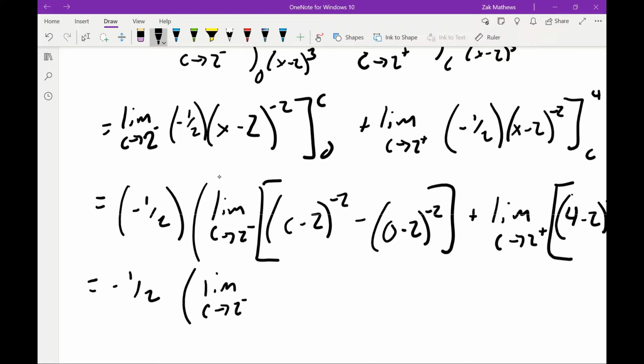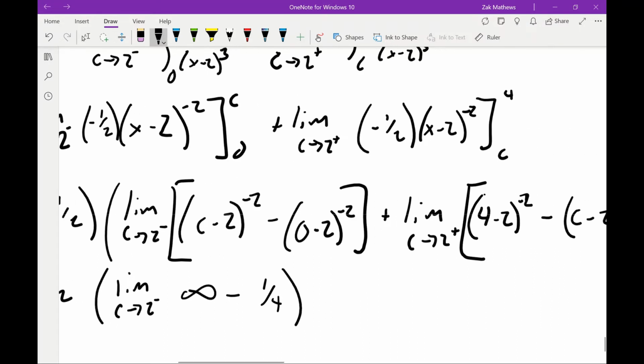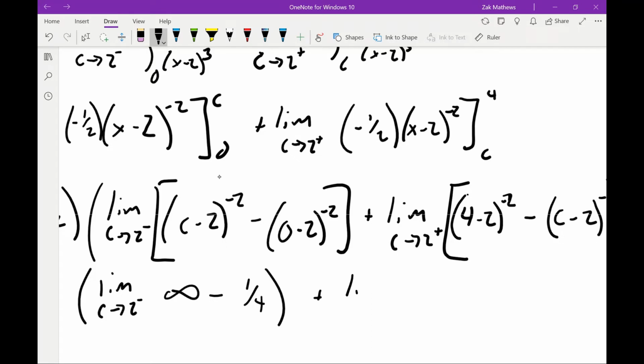That thing is going to positive infinity. This 2 here is going to negative 1/4, but that doesn't matter because what we see are these other things going to infinities. And so for that reason, this would be 2 to the negative 2 minus infinity.